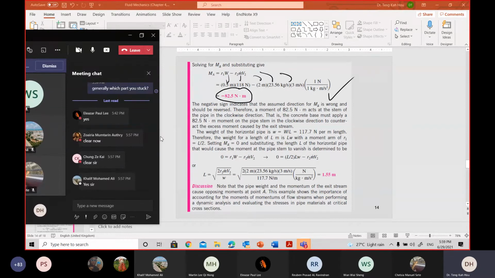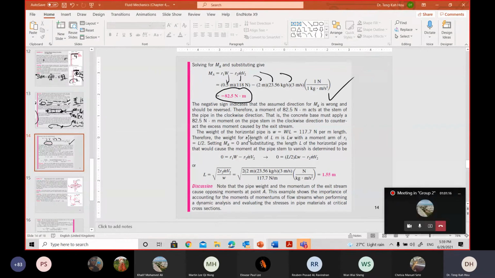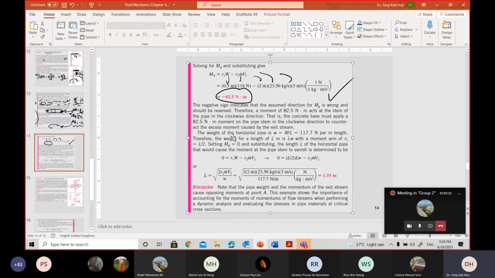So what this question is challenging would be on. That's why you can see that the moment of the air must have the 82.5 newtons in that direction to make sure it's not going to fall over. Okay, and for part B, the question is asking how much weight of the horizontal pipes it can sustain.